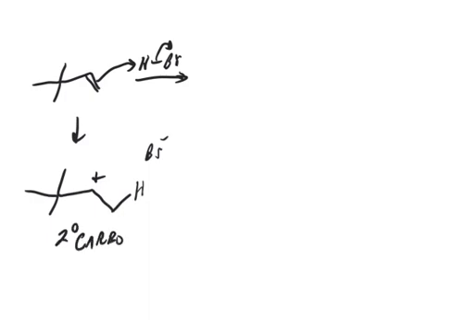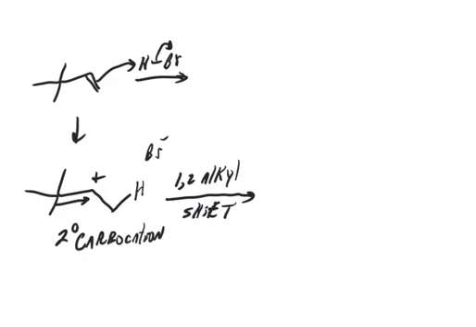And if you remember from Organic 1, if a cation could rearrange to make a more stable carbocation, it will. So if I do a 1,2 alkyl shift, so I'm going to move one of those methyl groups over. What I'm going to generate when I do that is a tertiary carbocation.